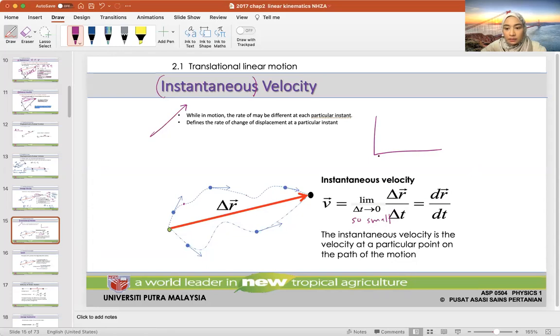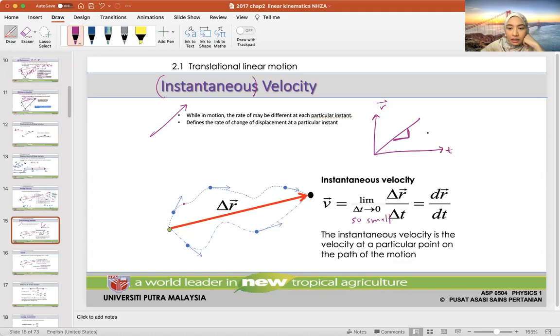So let's say you have this graph. This is T and this is R, and taking the differentiation of this will give you the gradient.